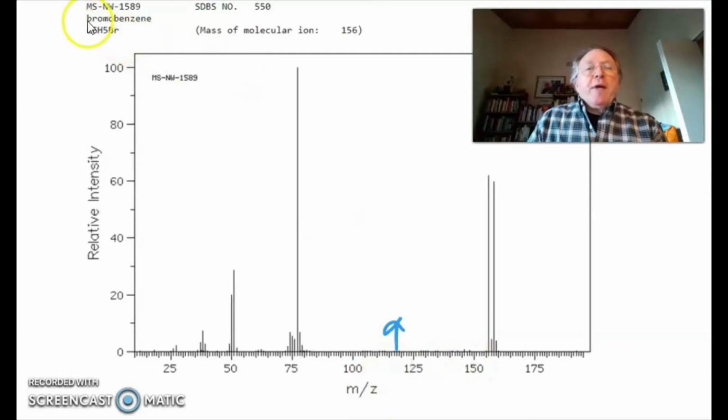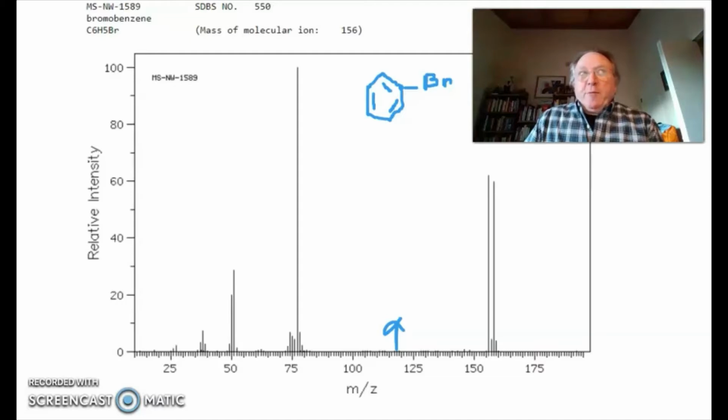This spectrum is of a known compound. This is bromobenzene, and bromobenzene has a molecular weight of 157.01 grams per mole.